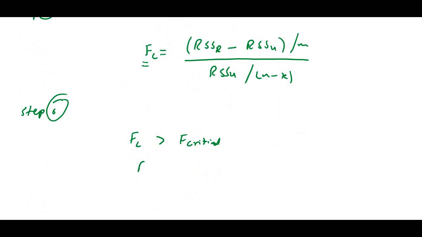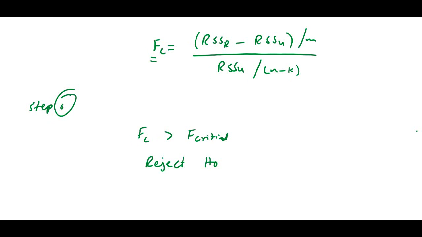So if this is true, then we reject H naught, otherwise we fail to reject H naught. These are all the steps required for the Granger causality test.